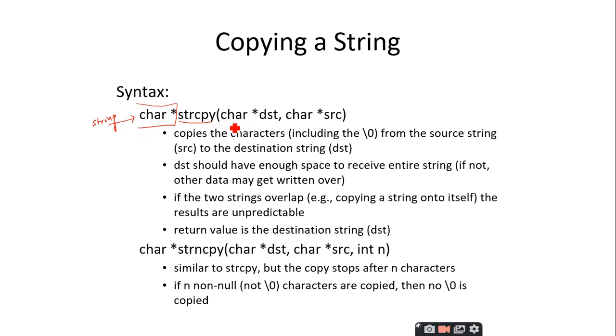And if you observe the parameters taken by strcpy, it accepts 2 parameters, and those 2 parameters have a data type of pointer to character. Therefore, this is a string, and the second parameter is also a string.